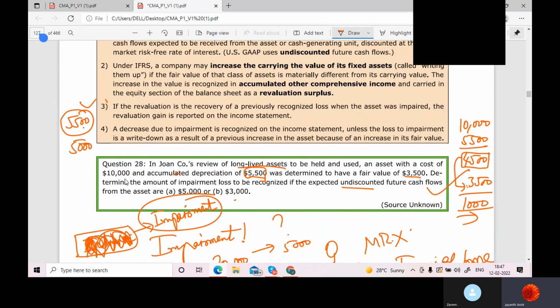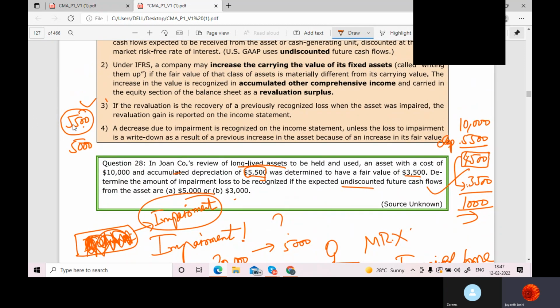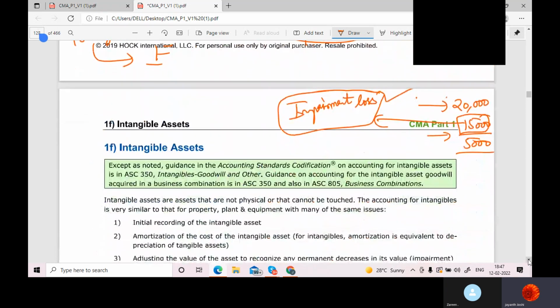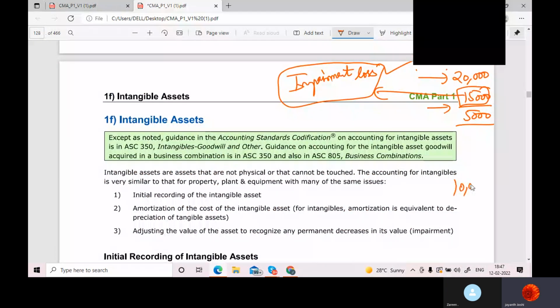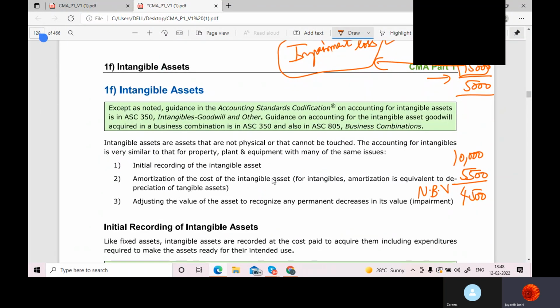So the first case was, I'm extremely sorry, this is depreciation actually. I'm just correcting it and writing it here neatly. So 10,000 is your asset, 5,500 is your accumulated depreciation, your new book value is 4,500, and it has become 3,500 it seems.